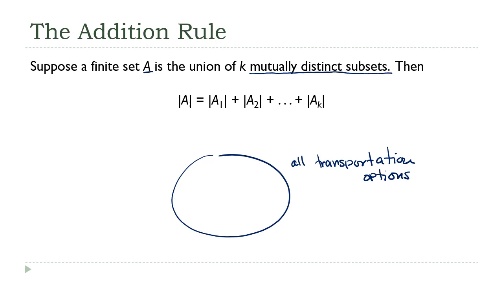Right? Those are the different groups of options. So again, referring back to the previous example, one of these would be the set of all plane options, and the other would be the set of all car options. Obviously, they don't overlap, right? Cars and planes are distinct, right? And what this addition rule says is the size of the whole set is equal to the sum of the sizes of those distinct subsets.